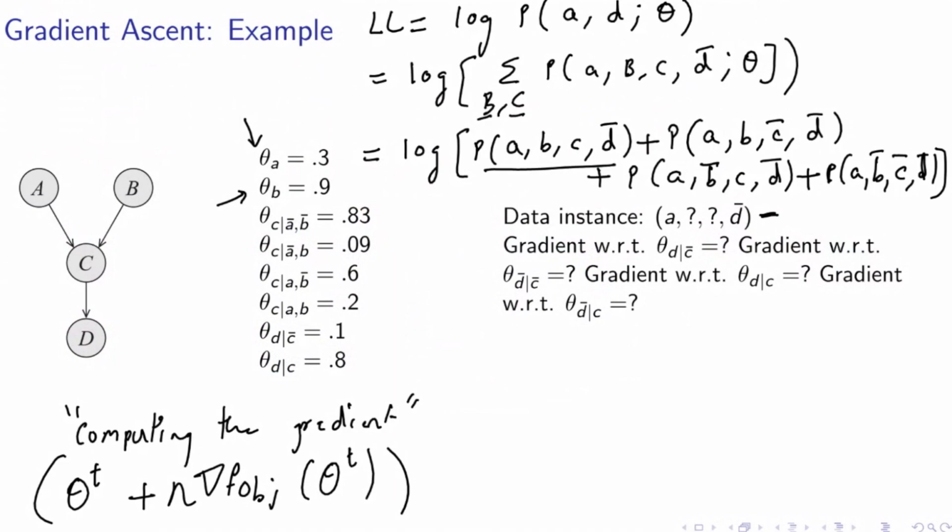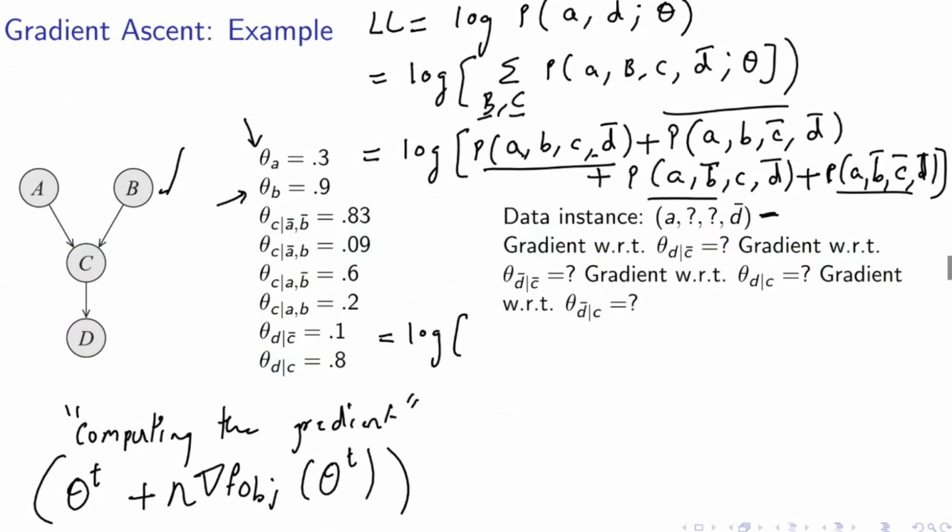We can now rewrite each one of these terms in terms of theta. For the first term, I know that A is true, so all I'm going to do is project this assignment on the Bayesian network and write down the terms.